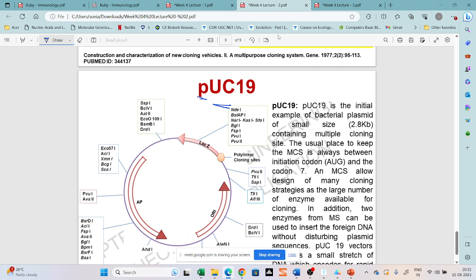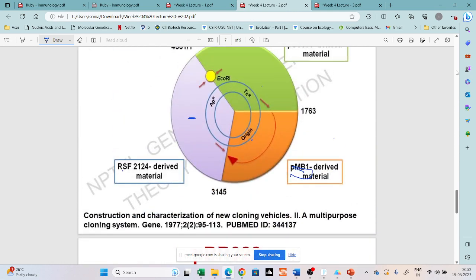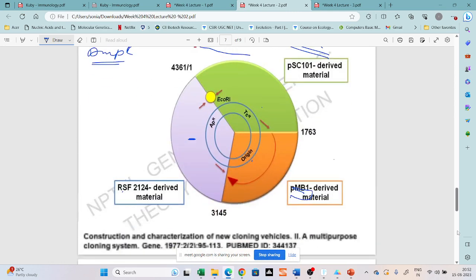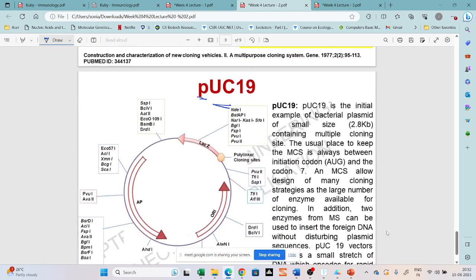Now, this vector is even smaller in size than pBR322. The pBR322 is approximately of how much? 4 kb something. So pBR322 is approximately 4 kb, whereas pUC has an even lesser molecular weight of 2.8 kb. We have studied in the criteria of a good vector that a good vector should be of low molecular weight.